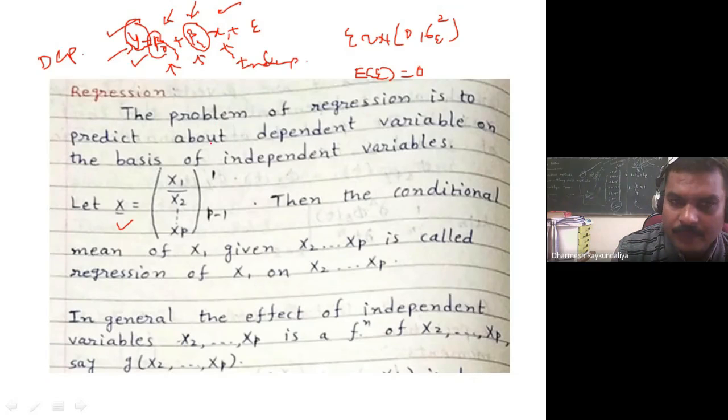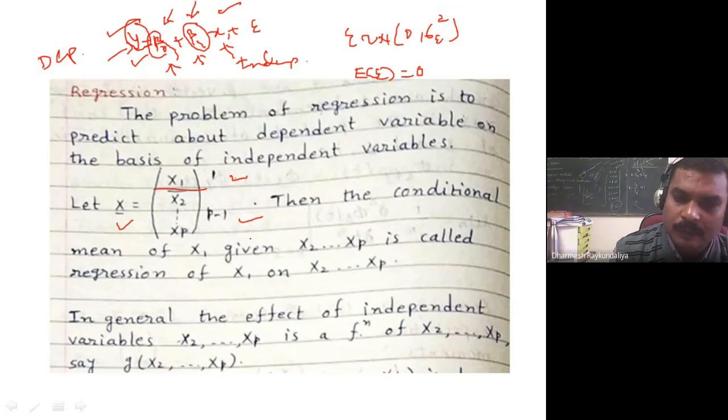The problem of regression is to predict the dependent variable on the basis of independent variables. So let x be equal to x1, x2, up to xp. If you partition this particular x into two parts, in the first part you have x1, and in the second part you have x2 up to xp. So here you have only one element. Here you have how many?